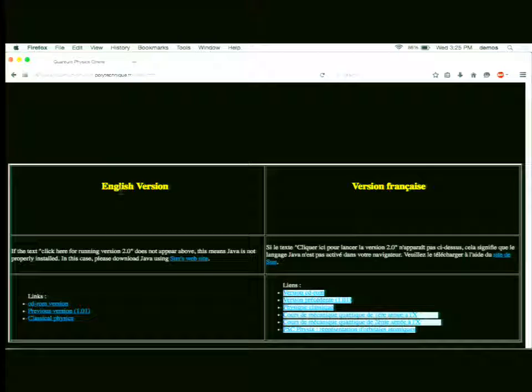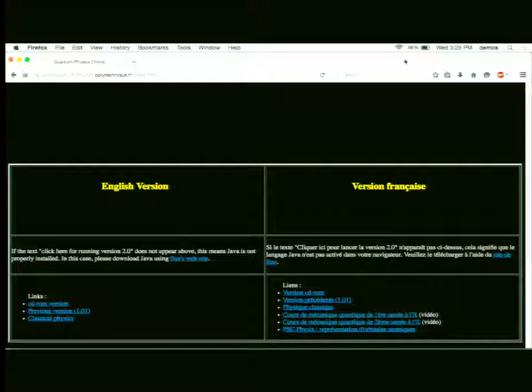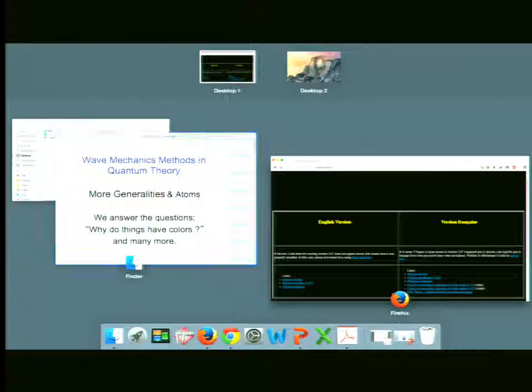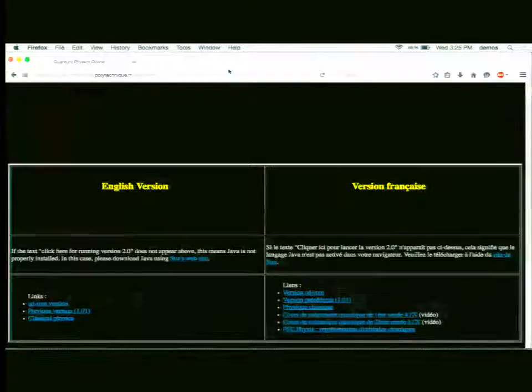Let's see if we can get it here. I hope. It was working a minute ago, which proves nothing. Desktop 1. Let's see if this... No. Okay. Should give me something.